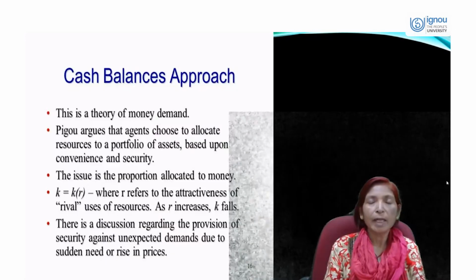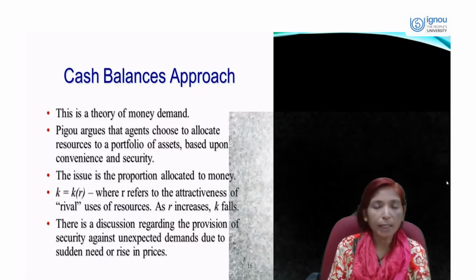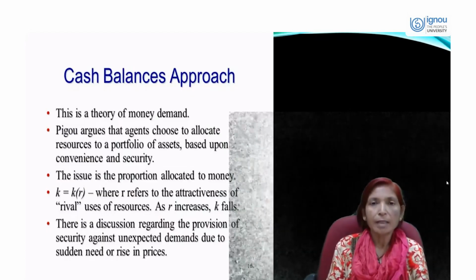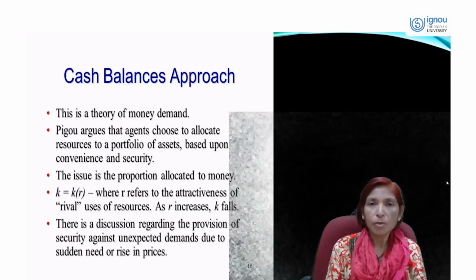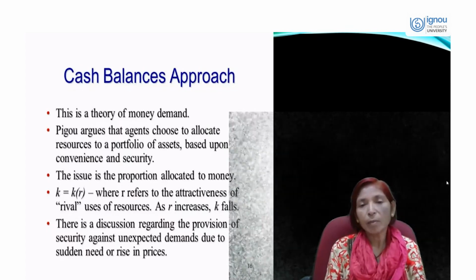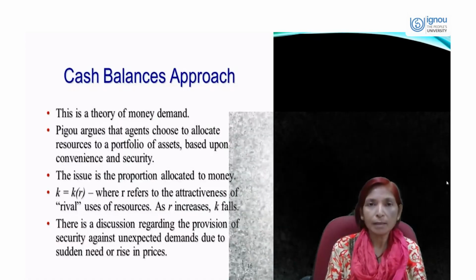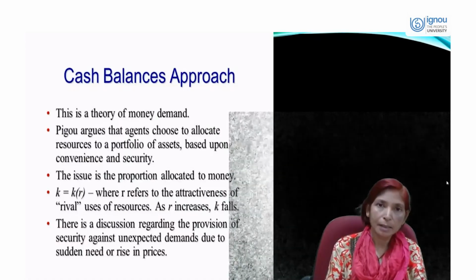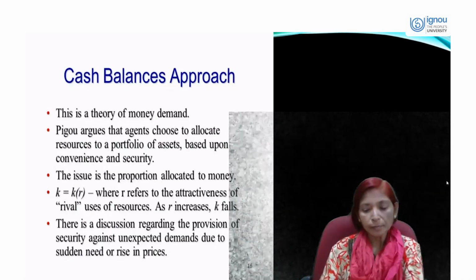So this cash balance approach mainly emphasizes money demand, not money supply. And the main economists who propounded this approach are Marshall, Pigou, Robertson, and J.M. Keynes. All are Cambridge University's economists.